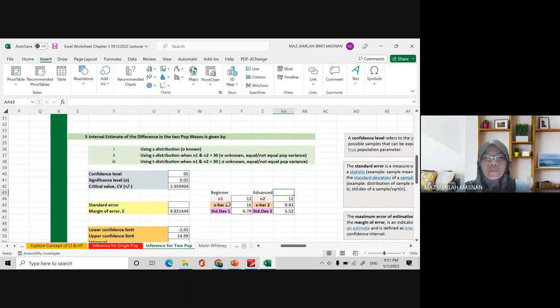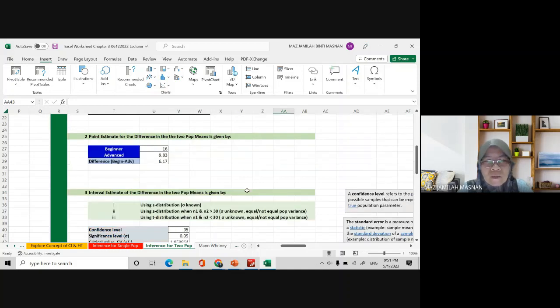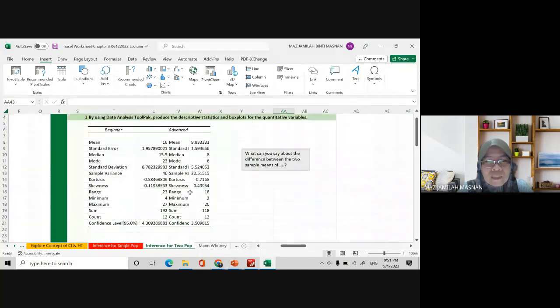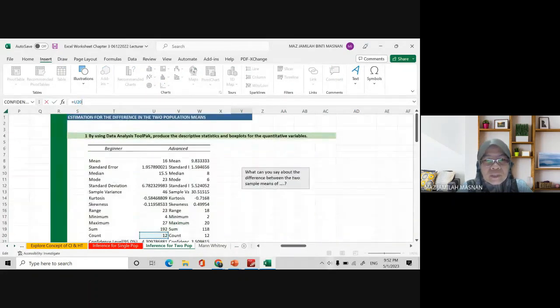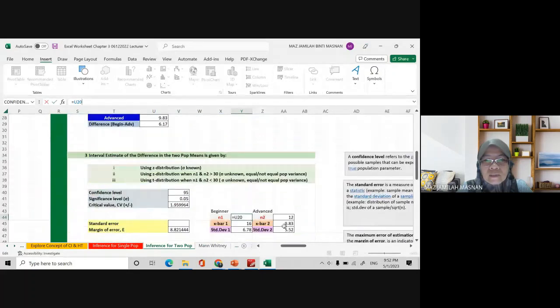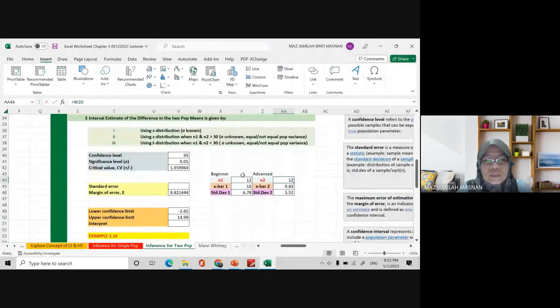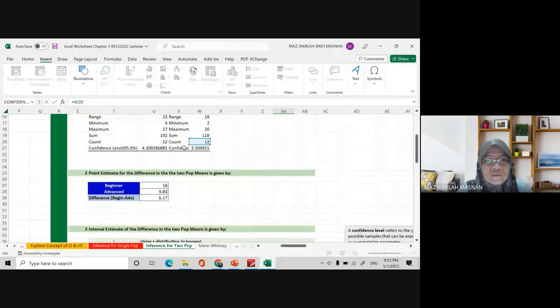Before we go to the example, we just take this so that you can understand what is in this particular sheet. We just copy all the information from the descriptive statistics. Here I call the location of sample 1, which is here, and then the location of sample 2, which is from here.